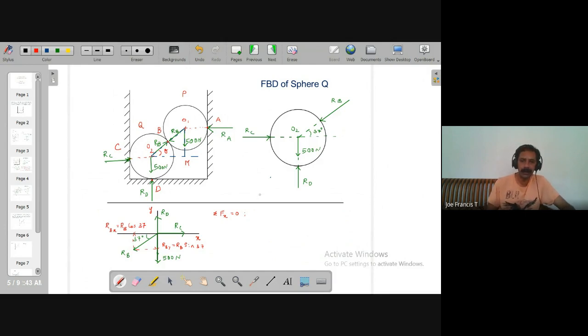Fx equal to 0 means, positive direction is RC, RC minus RB cos 37 equal to 0. So that is equation number 3.